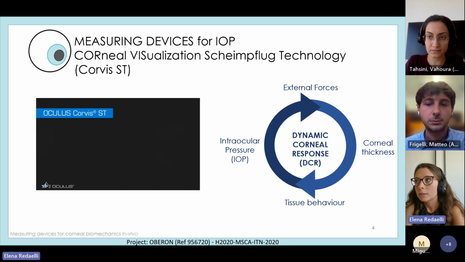So this introduction was to remark the importance of measuring the mechanical properties of the corneal tissue, because as Benedetta presented last time, the mechanical properties of the corneal tissue can be useful to detect some pathologies.